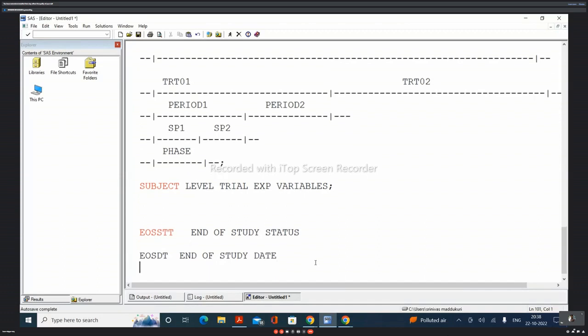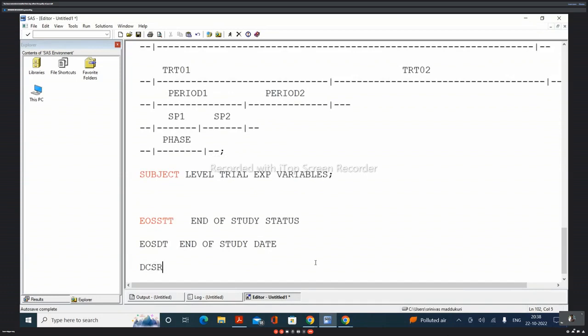And then we are going to have DCSREAS, which means reason for discontinuation.